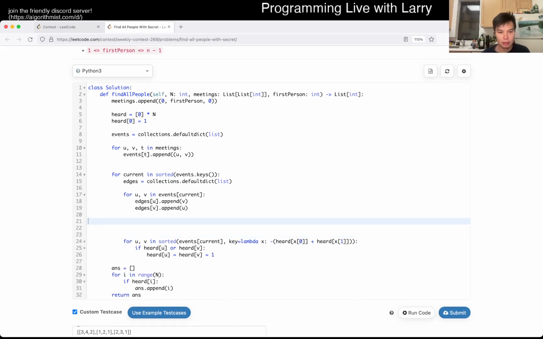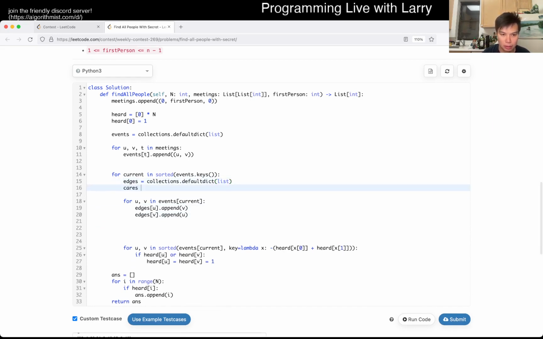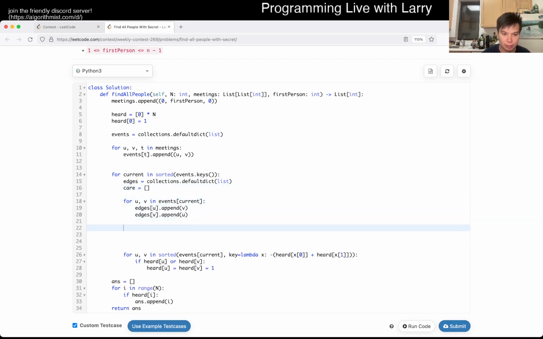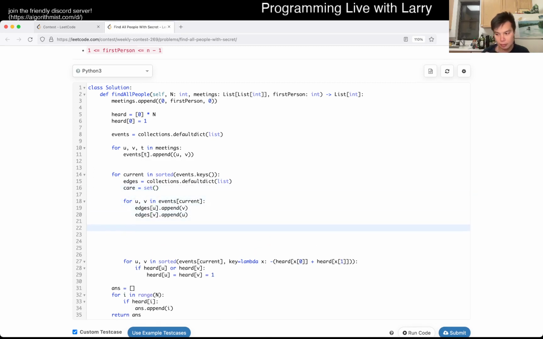Okay, and then that's going to be linear. Okay, so that's good. Okay. Oh man. Wow. Okay.